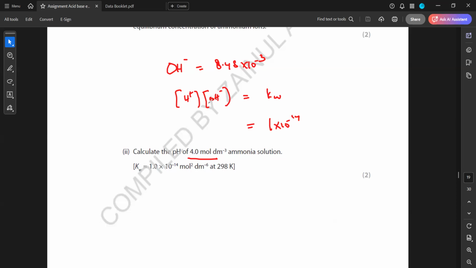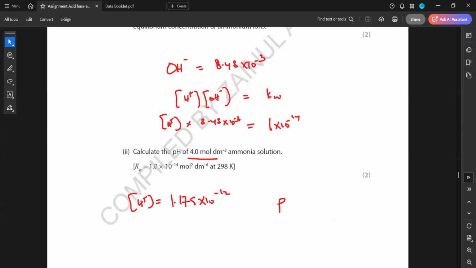So with the hydroxide ion concentration 8.4 into 10 to the power minus 3, we can work out the concentration of hydrogen ion. This is multiplied, other side divide. So this will give us the concentration of hydrogen ion in the mixture, that is 1.179 into 10 to the power minus 12.